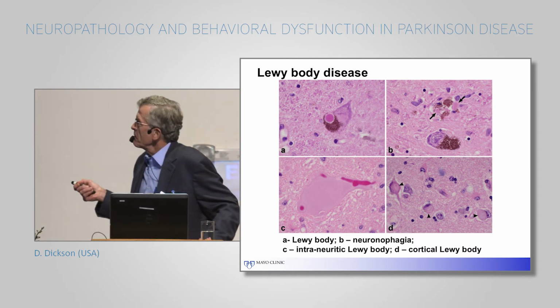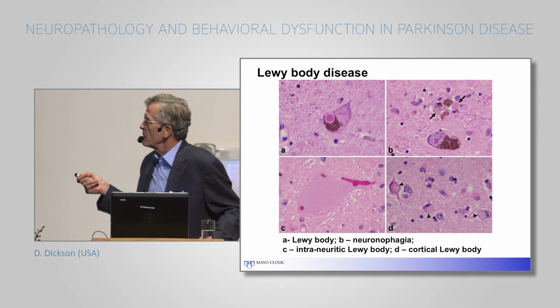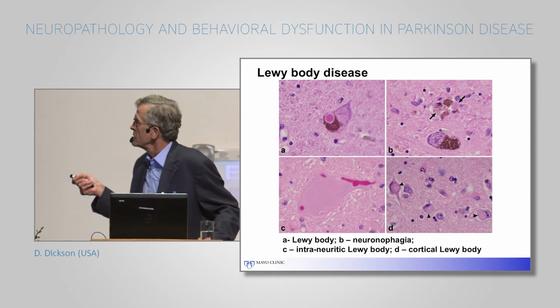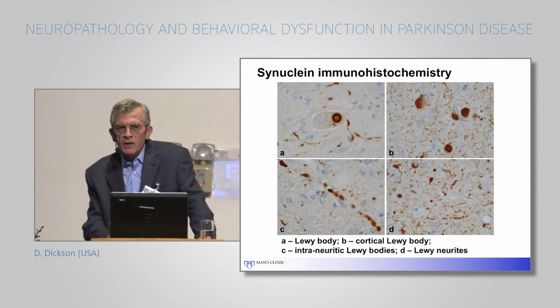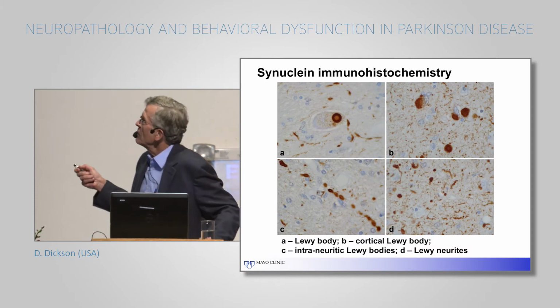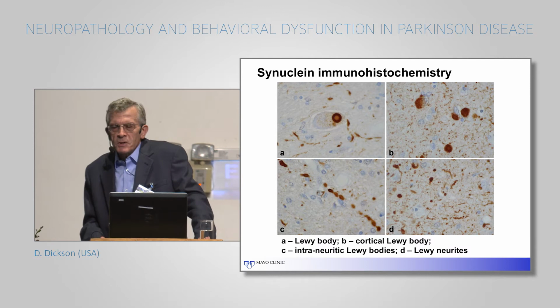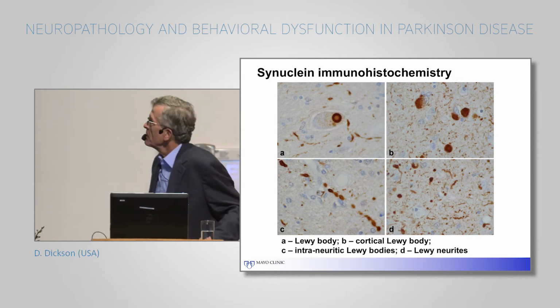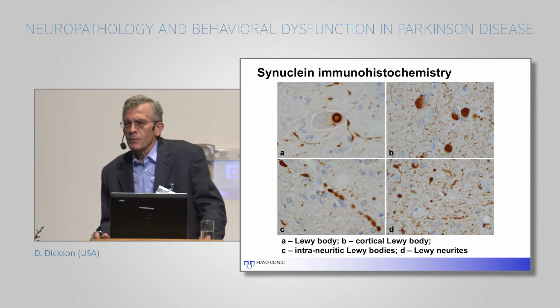They look quite different from the classic hyaline brainstem-type Lewy bodies, and these are sometimes referred to as cortical-type Lewy bodies. They are much more difficult to detect with routine histologic methods, but they're very easily detected with synuclein immunohistochemistry, which is the most specific and sensitive method for detecting Lewy body pathology. So you see the difference between the hyaline Lewy bodies and the cortical-type Lewy bodies.